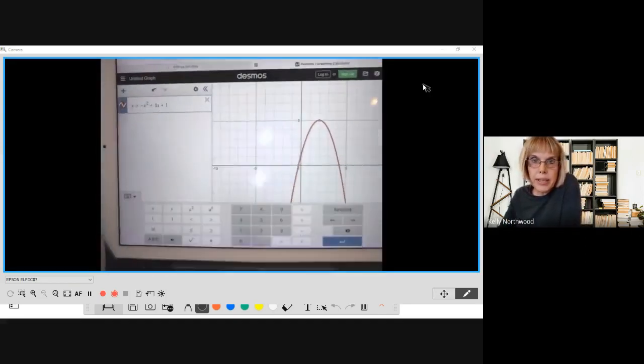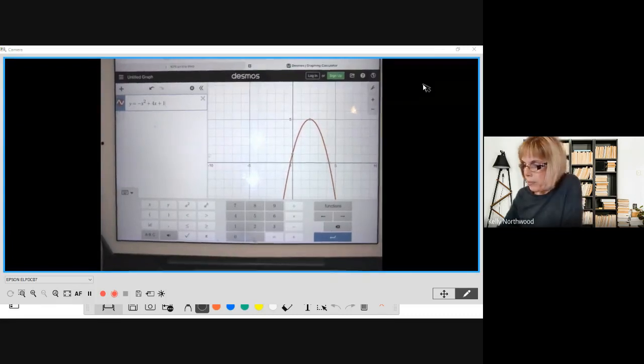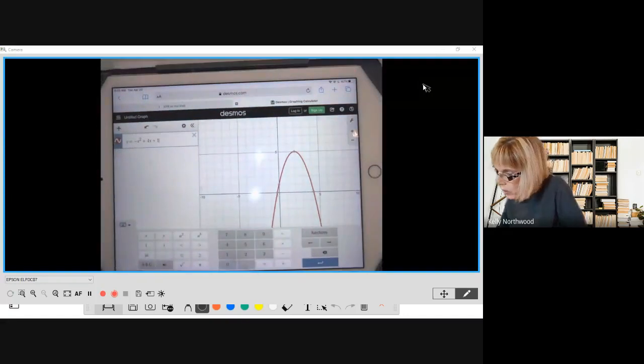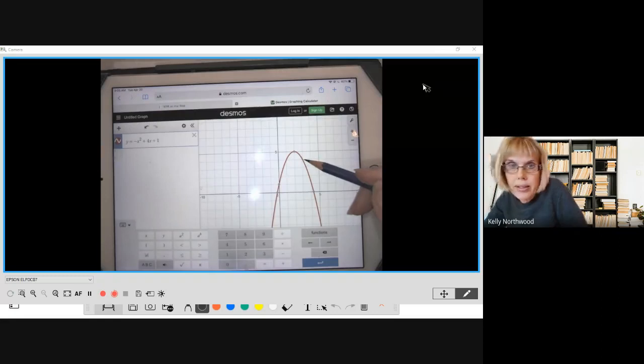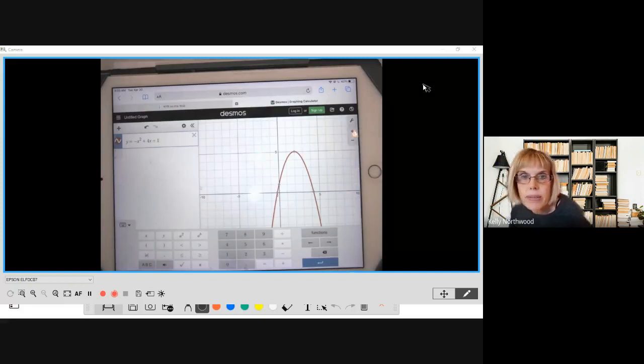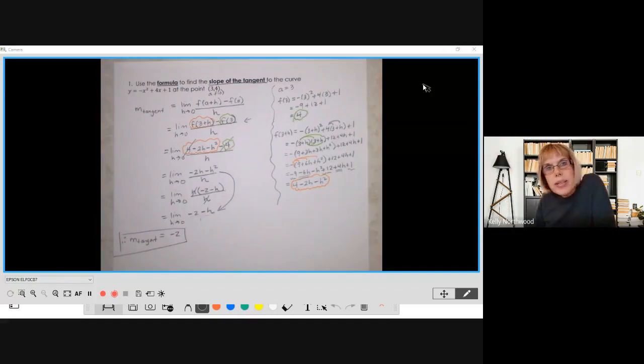The point I'm looking at is the point (3, 4), here. I can see that I expect a negative slope for the tangent, and if I go down 2 over 1, that looks like the slope of the tangent. So Desmos is a good tool if you're not sure whether your answer makes sense or not.